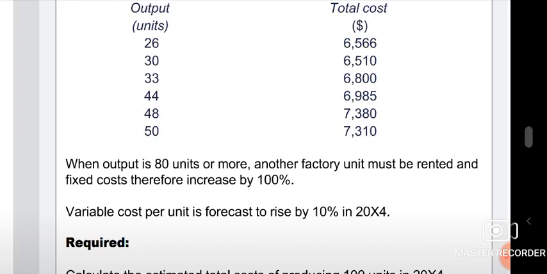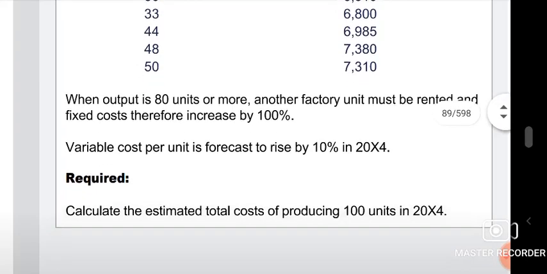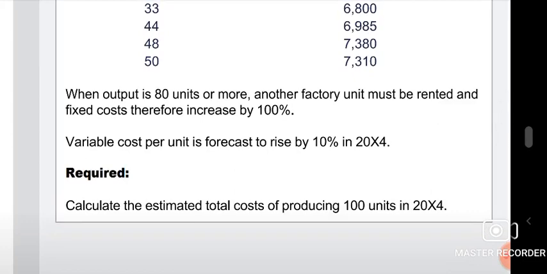So from the looks of it, what do you want to produce? According to the statement below, let's see on the required. As a company, Horses calculate the estimated total costs of producing 100 units in 2014. So 100 units, we are already above what they've given us on the limit, right? And they said if you want to produce more than the 80, definitely you have to increase your fixed cost by 100%.